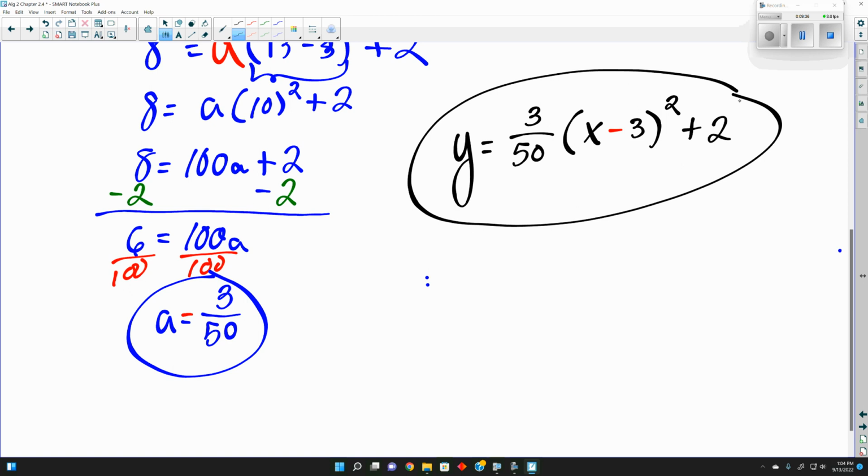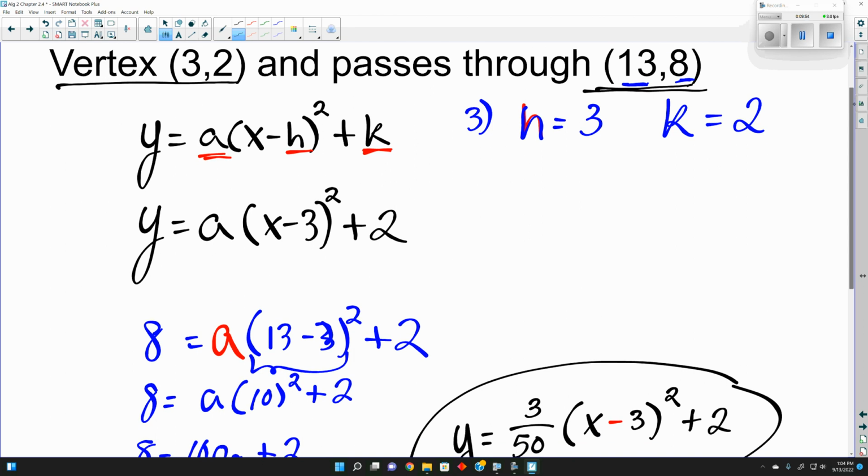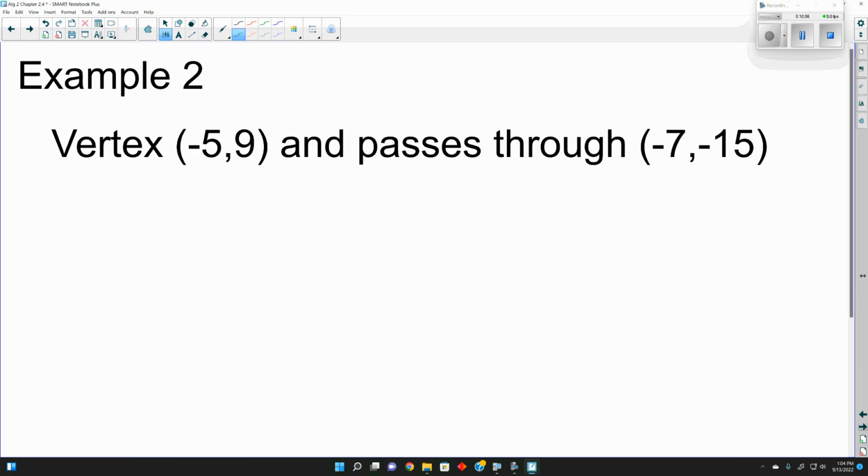This is sometimes what students find to be the hardest stuff to cover because there's not really anything to it, so it'll end up making it harder than it needs to be. Because really, if we look back at this problem, all we did was plug in the values of H and K, then use the point for X and Y to solve for A, and plugged A back in. That's all we did. So are we good with that there? Yes?